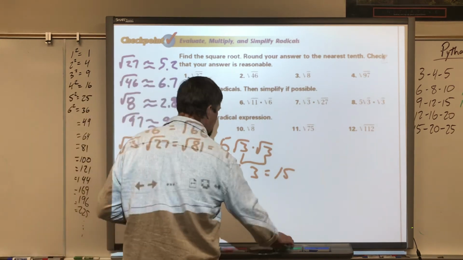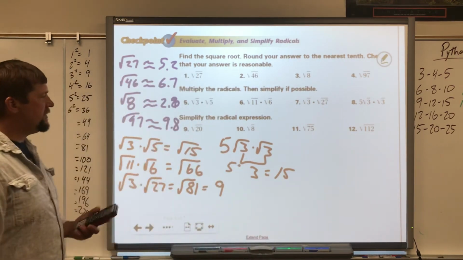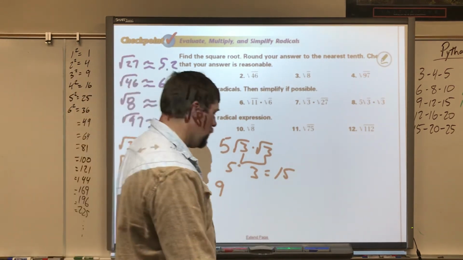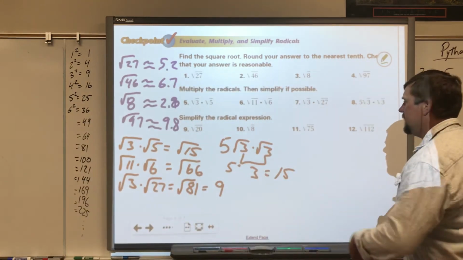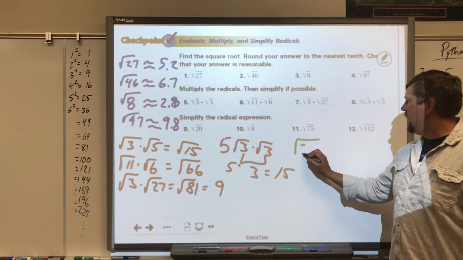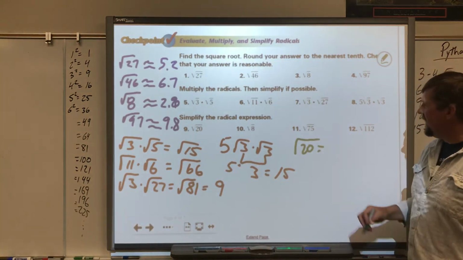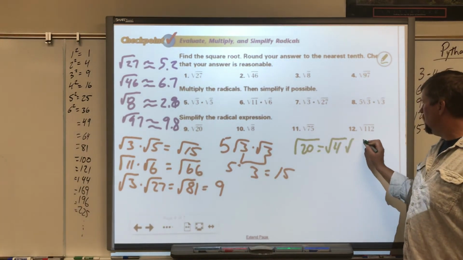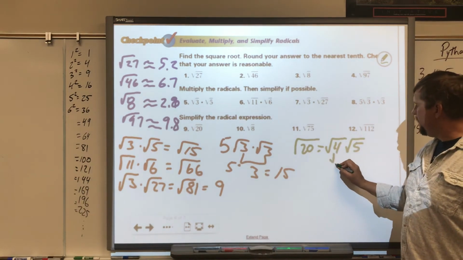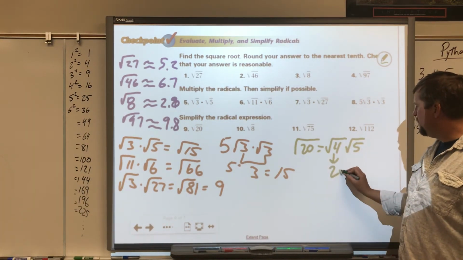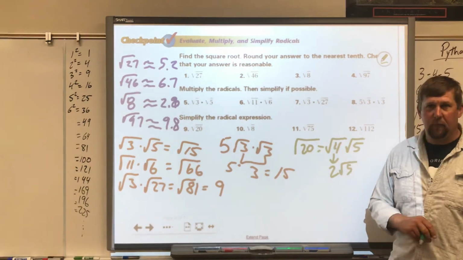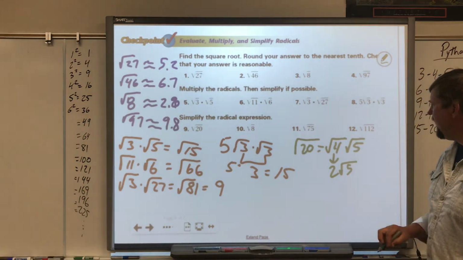All right, the last set of problems, we're simplifying. When you look at the square root of 20, does that have a perfect square factor? Yes, it does, 4. The square root of 4 is just 2. Of course, the square root of 5 is not a perfect square, so we leave it like that.